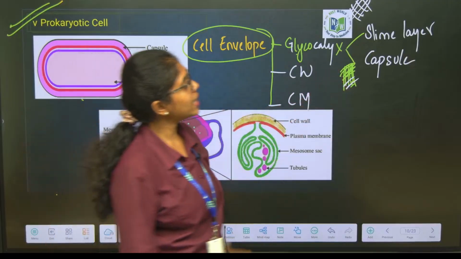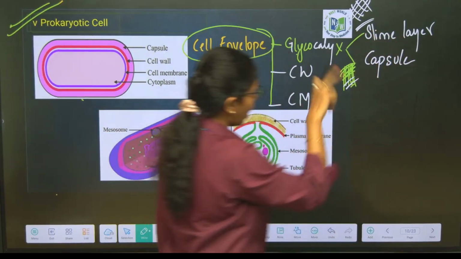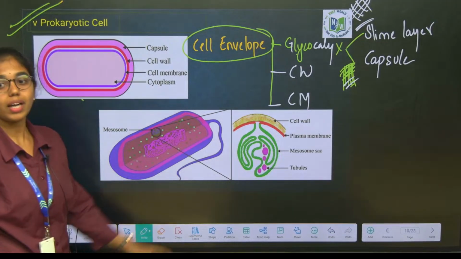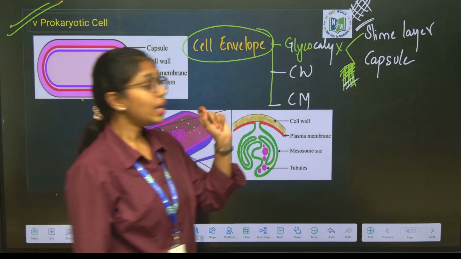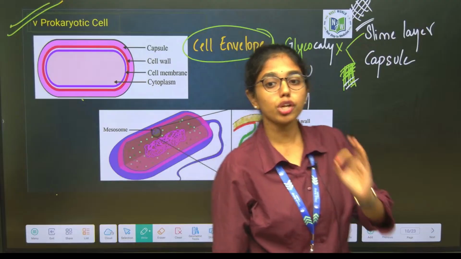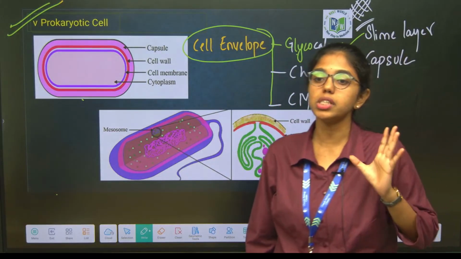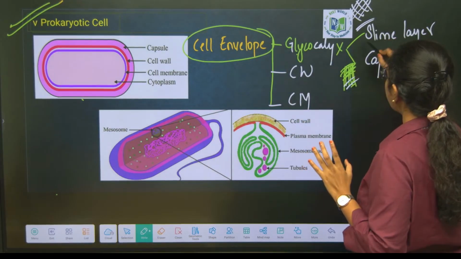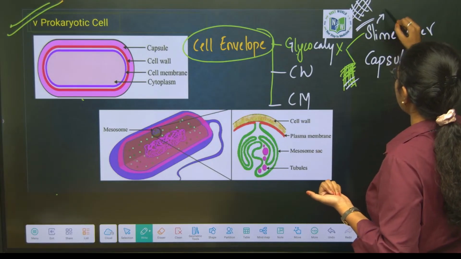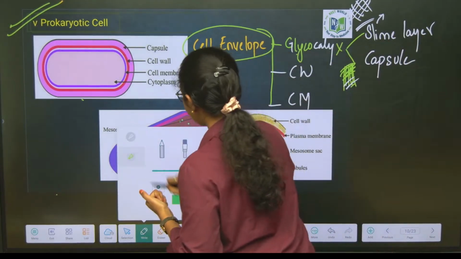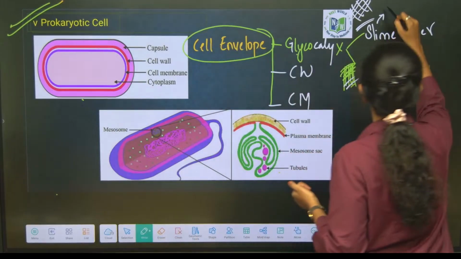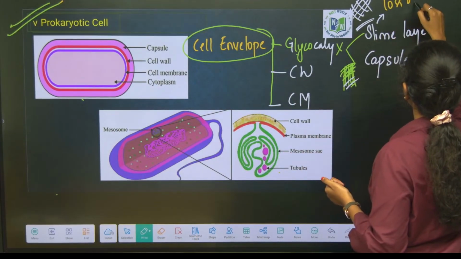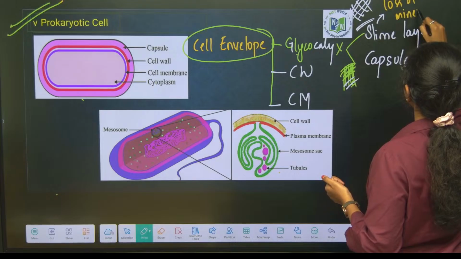If the outer layer is a slime layer, what is the benefit to the bacteria? It helps the bacteria prevent the loss of minerals and nutrients.